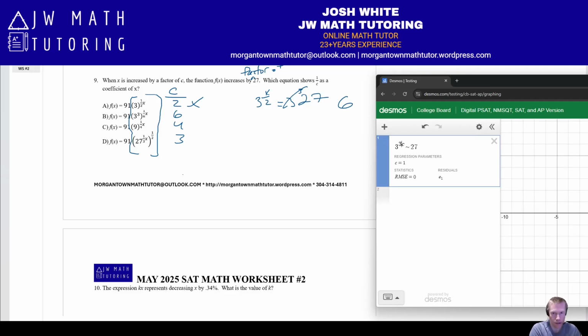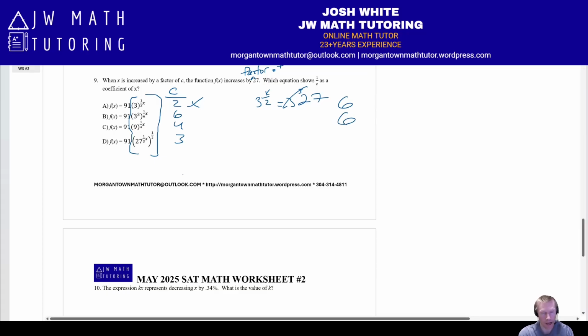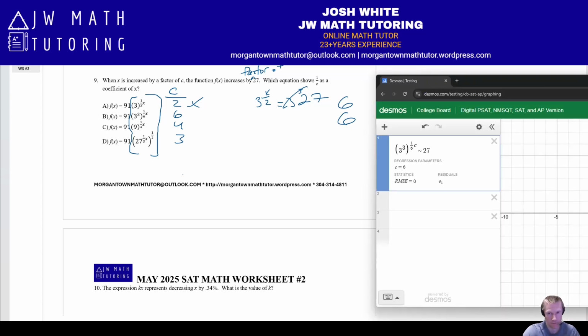I need to put a parentheses here, and then raise this again to 1 over 6, and then the c, and I want it to equal 27. Okay, notice it's 6, and I'll just tell you the pattern for all of these: the value that x is increased by in order to increase the overall function by a factor of 27 is going to be 6. That's just how these are all set up.